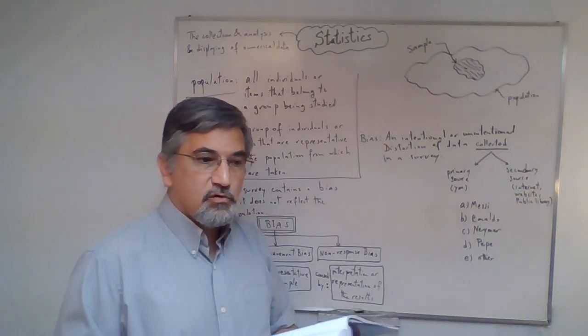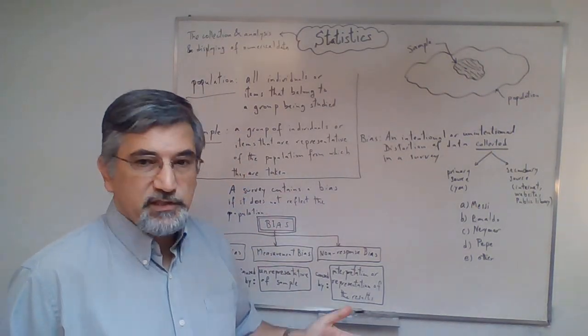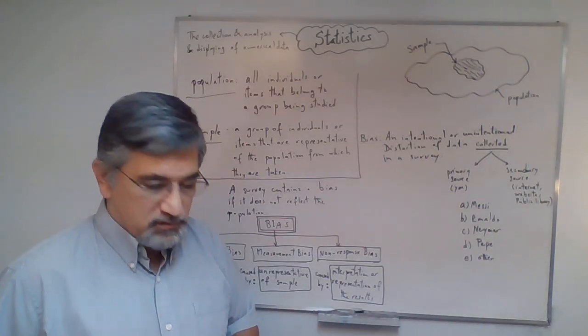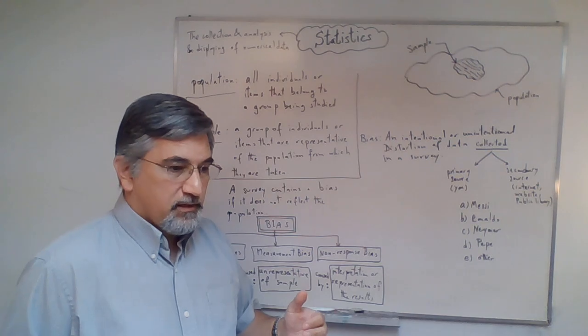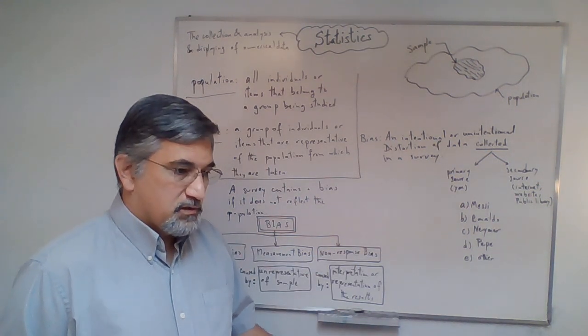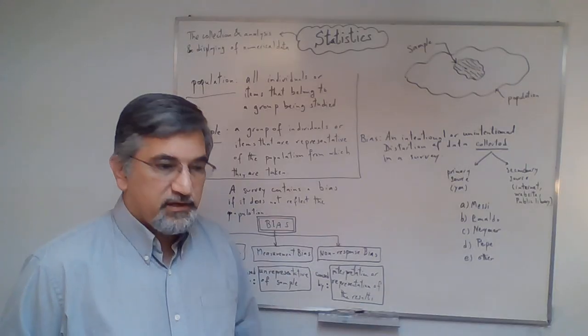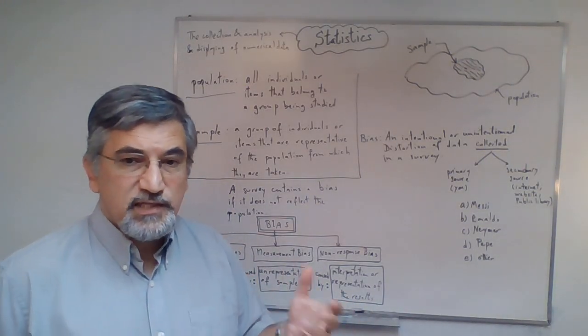So let's say you want to know what is the favorite drink of, let's say, Canadians. So it is not possible to survey millions of people and survey every single person in the whole country of Canada. So a representative sample of the population is selected.